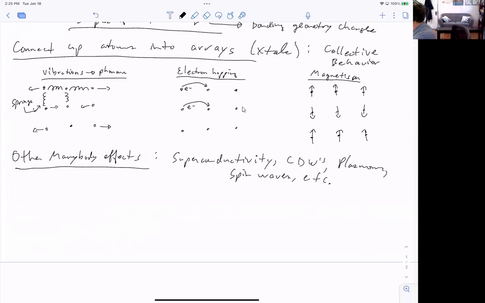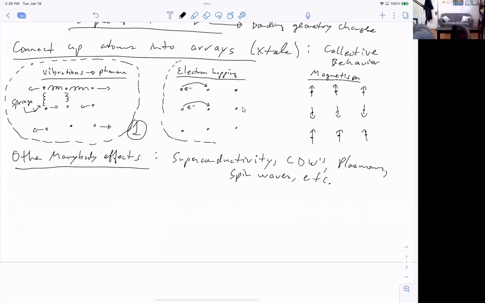So in this class, what we're really going to focus on, first, we're going to look at the structure of crystals and how they vibrate. That will be the first topic. And then the second topic, we'll move and talk about what the electrons do.